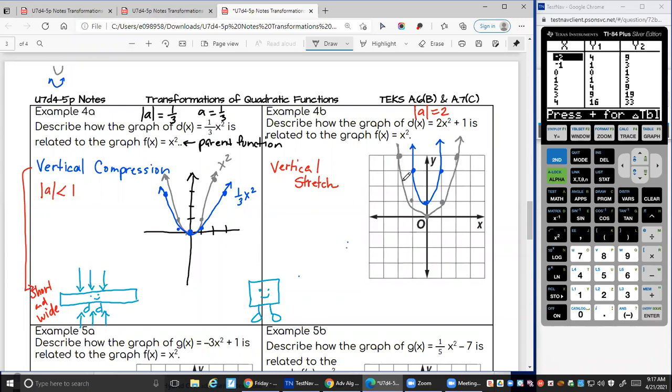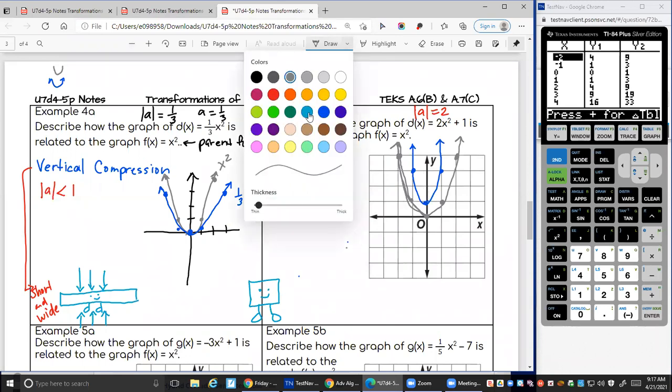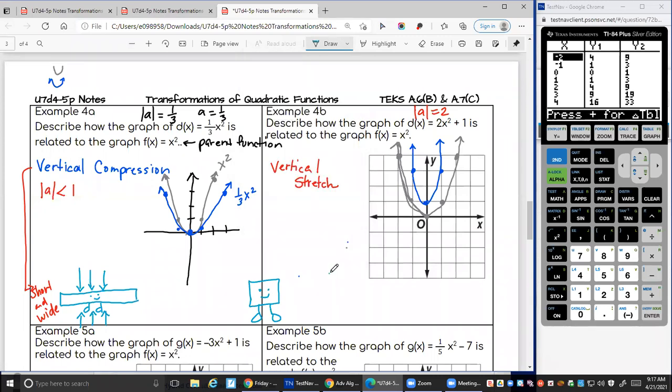Because we've got 2 numbers in here, we had 2 transformations that occurred. Not the best parabola, but you get the idea. One of them was from the 2 in the front. This is our vertical stretch. Notice how it got more narrow, yes? And so my little SpongeBob example again, this is where we have pressure, like he's basically being stretched. Like somebody grabbed a hold of his head and his feet, right?